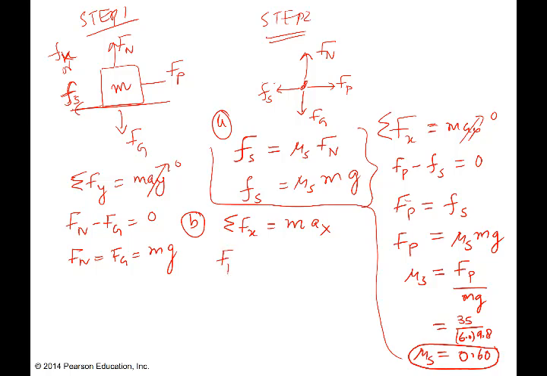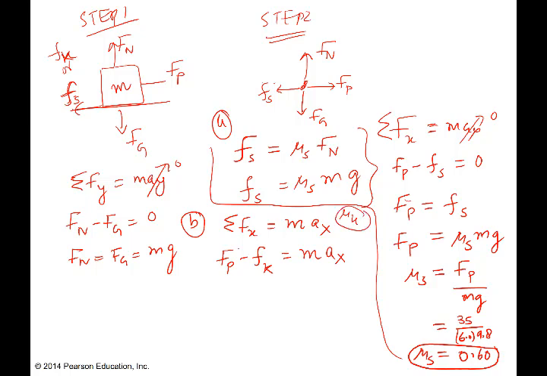But I still get to write the equation this way. Instead of writing static friction, I will write kinetic friction because the object is now moving, and we have to find mu k, the coefficient of kinetic friction.